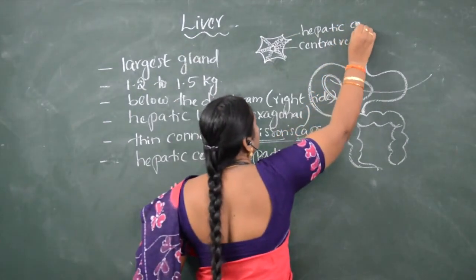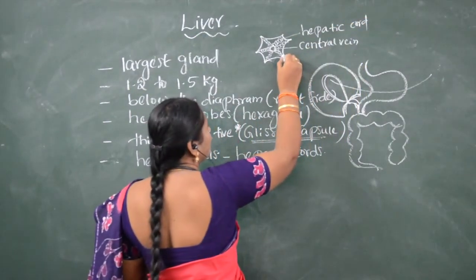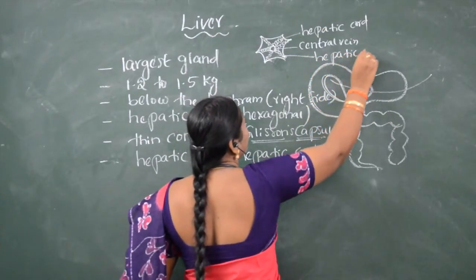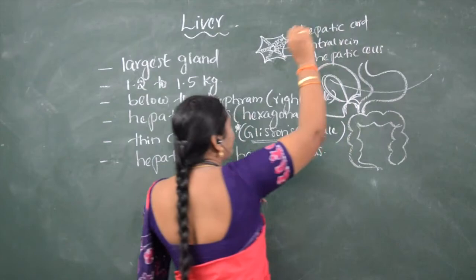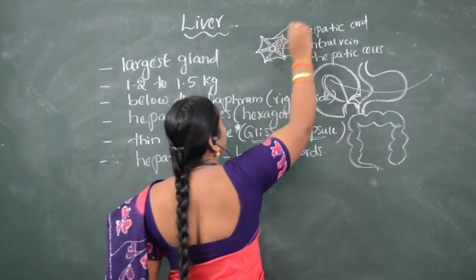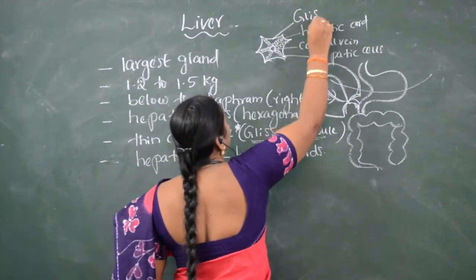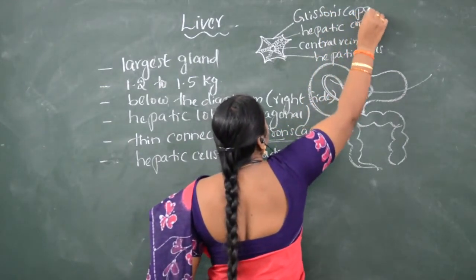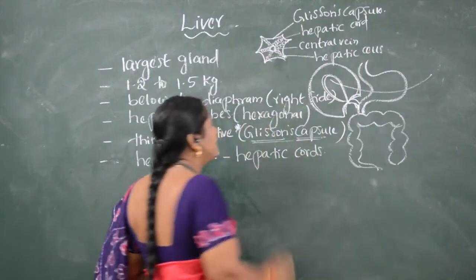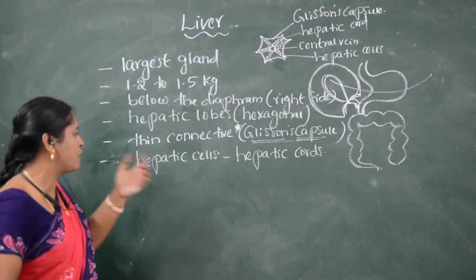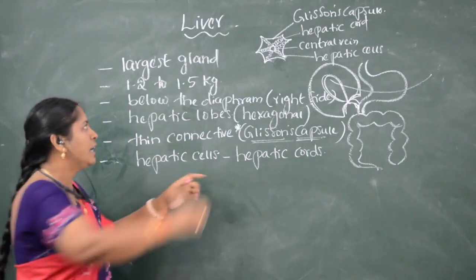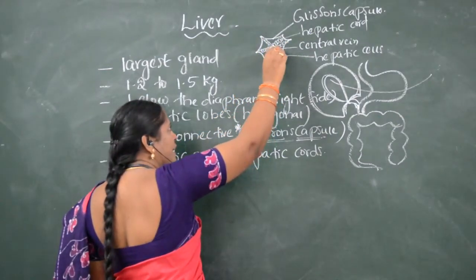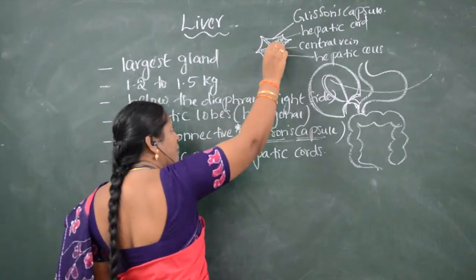This is Glisson's capsule. In this way the cells are arranged in the form of hepatic cords, and these hepatic cords are nothing but hepatic cells.